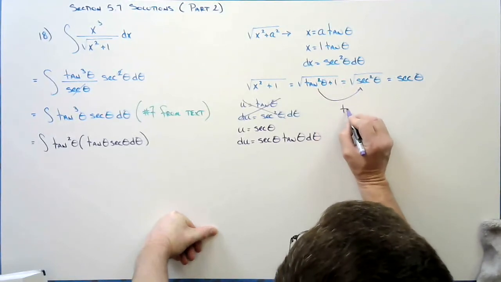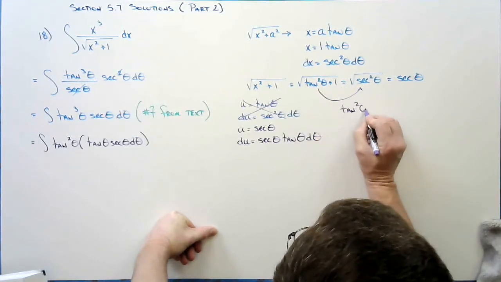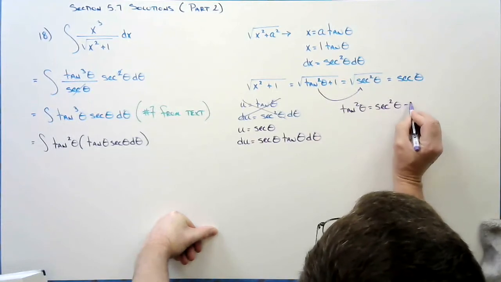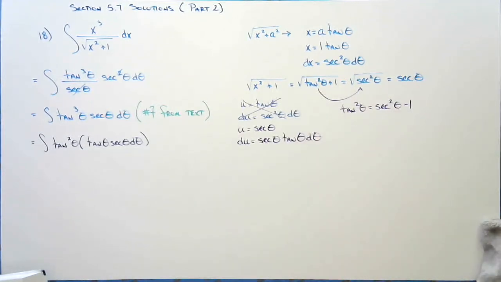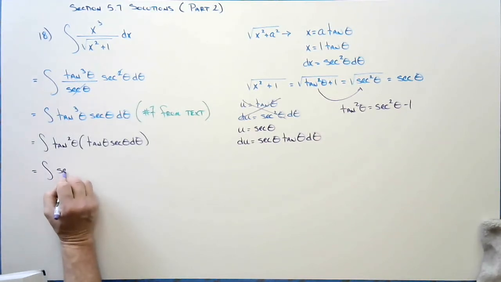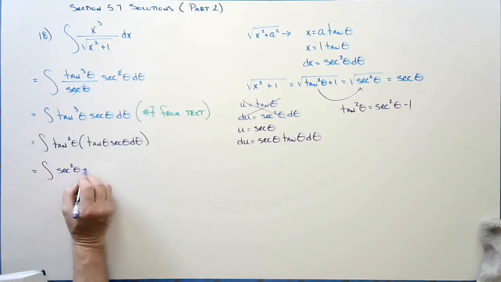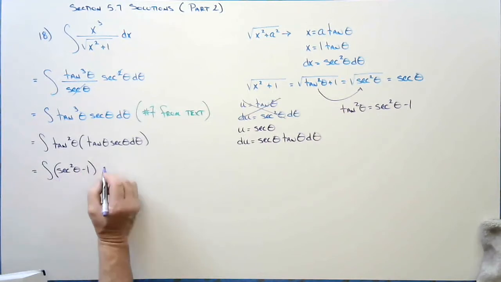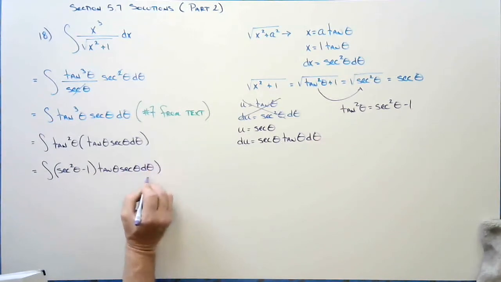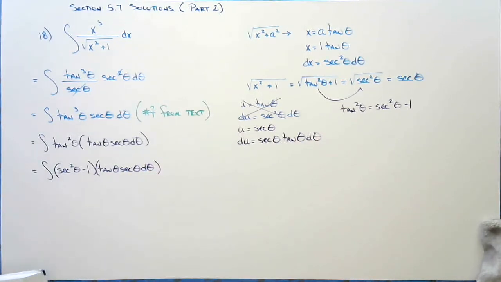Tangent squared is equal to secant squared theta minus 1. So we're going to replace this tangent squared with secant squared theta minus 1. Here we have our tangent theta secant theta d theta, that's just our straight up du. We know we're going to need that down the road.